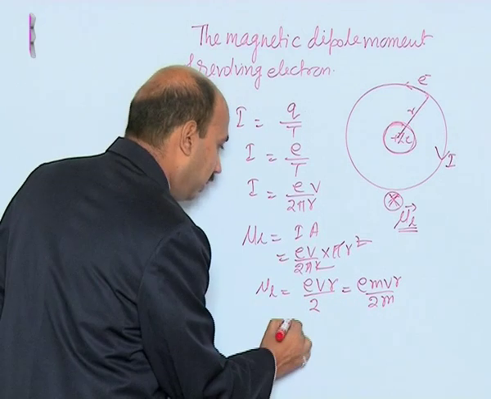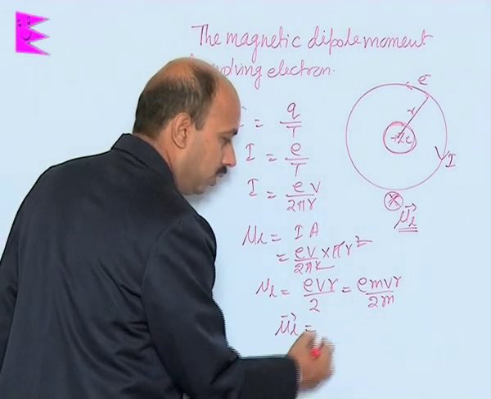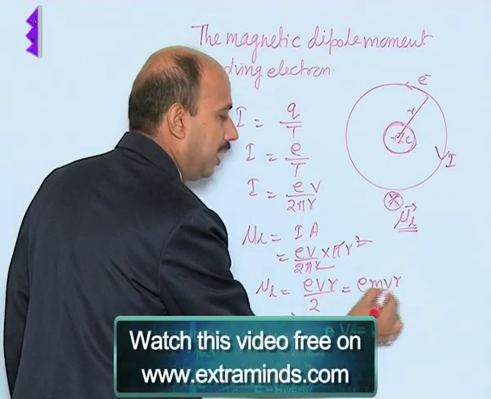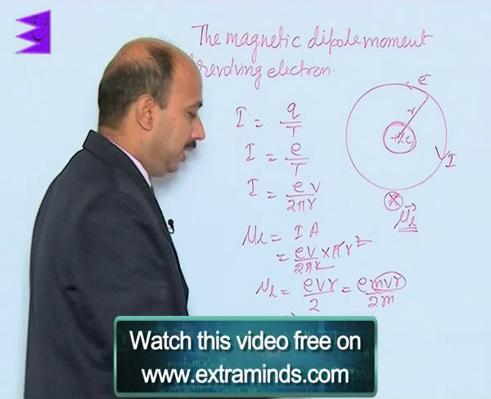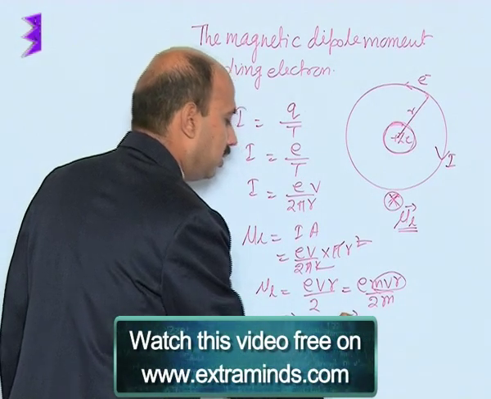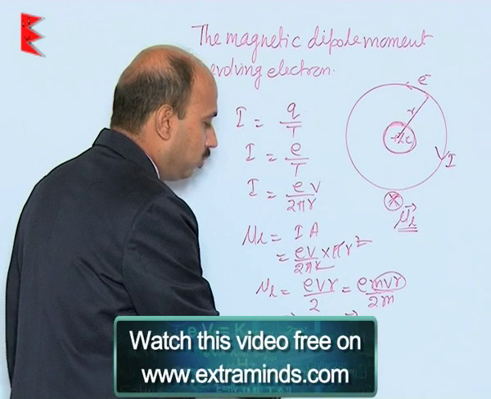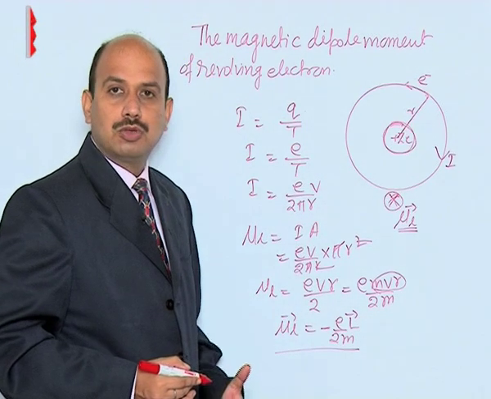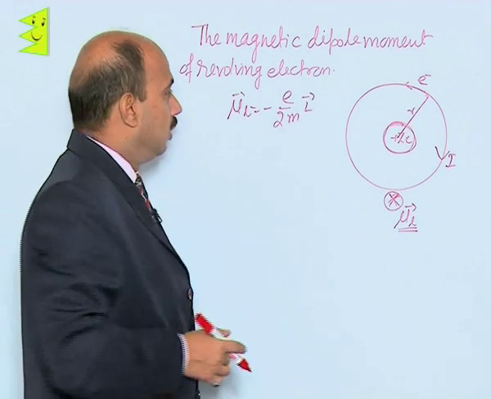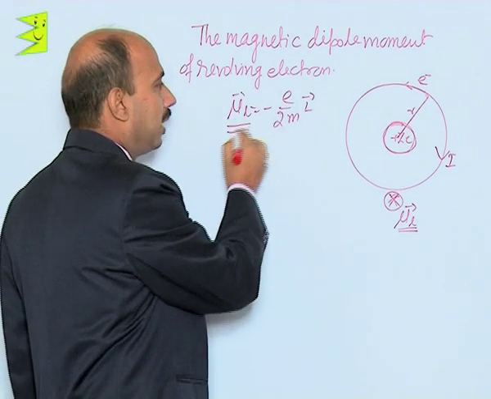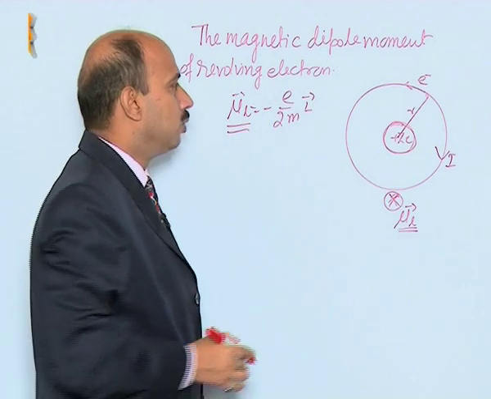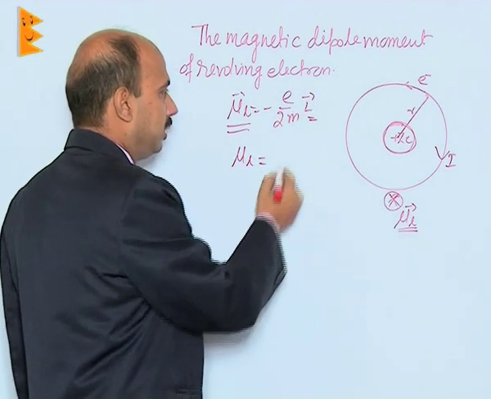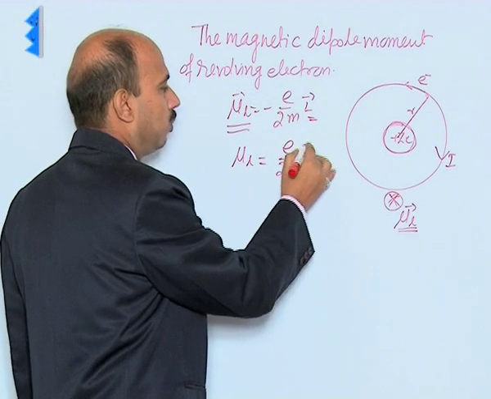So we can write mu L is equal to minus E upon 2 m into L, where m V r is the angular momentum L. The negative sign is used because the angular momentum and magnetic dipole moment act opposite to each other. So we have calculated the magnetic dipole moment of this revolving electron, where L is the angular momentum. In scalar form we can write the magnitude as E upon 2 m into L.